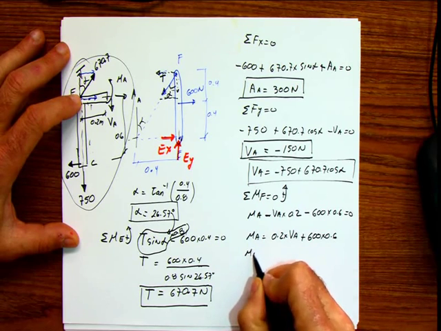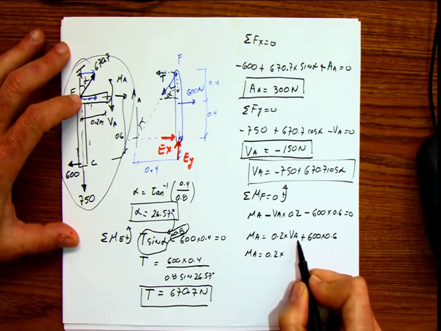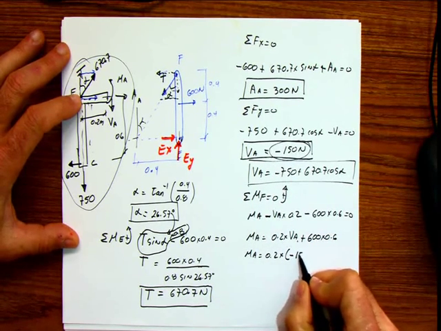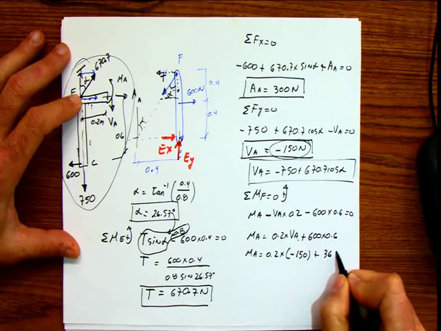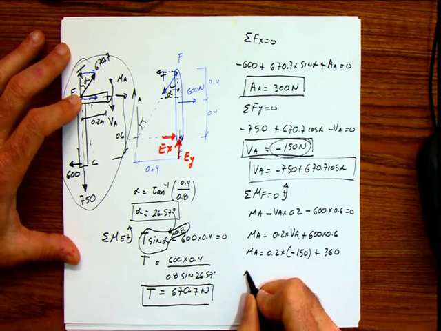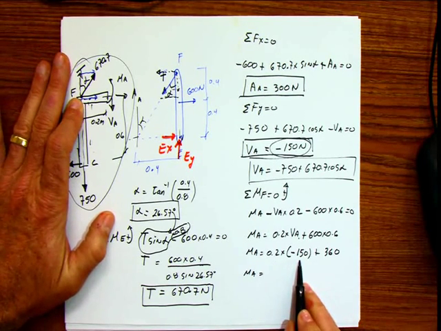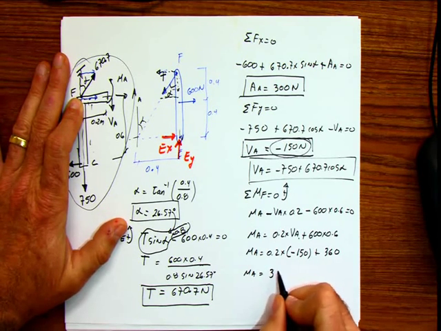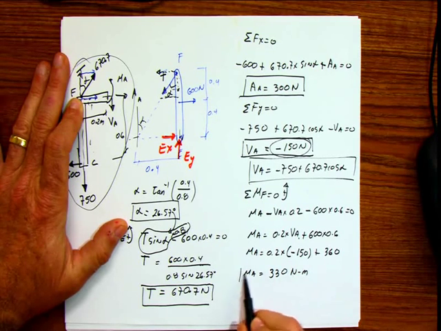Now MA is going to be equal to 0.2 times VA, but VA is negative 150, plus 360. And MA is going to be then negative 30 plus positive 360, so 330 Newton meter.